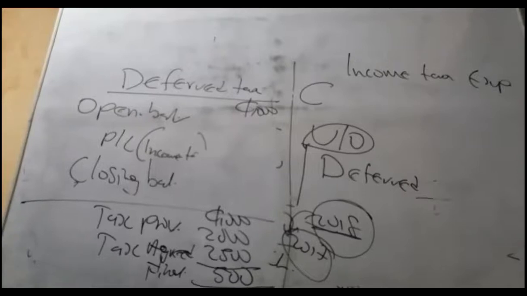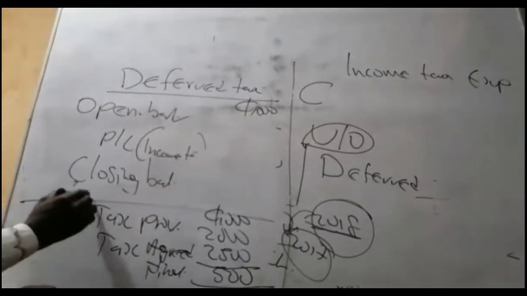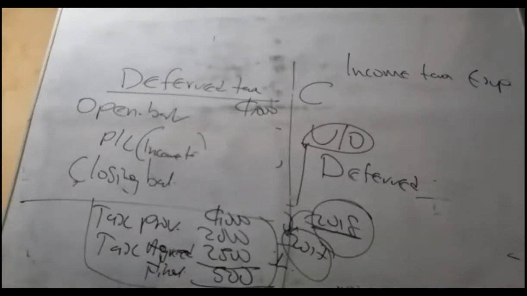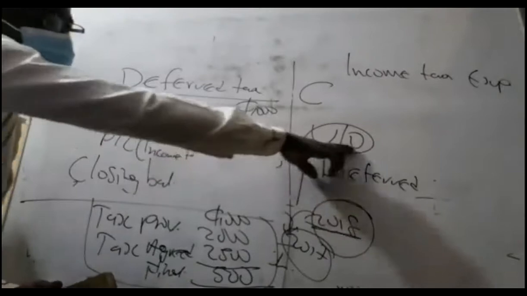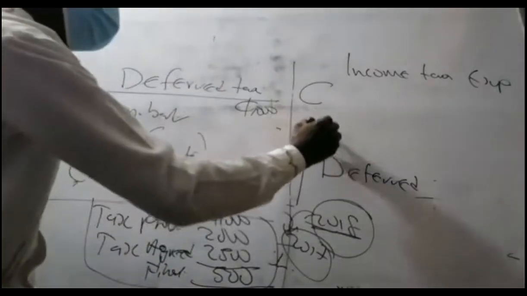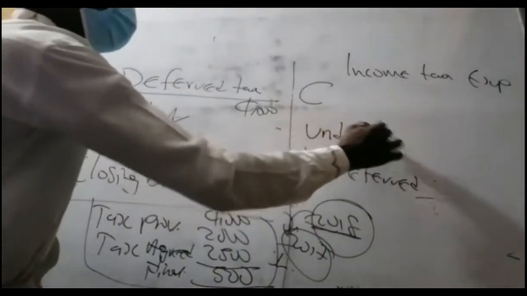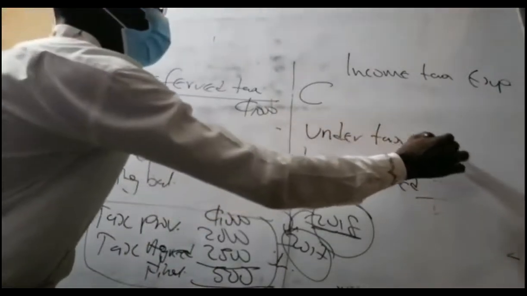So if you have not done this in your answer sheet, don't worry, come here. But here don't just write under or over; I'm going to write under tax provision.